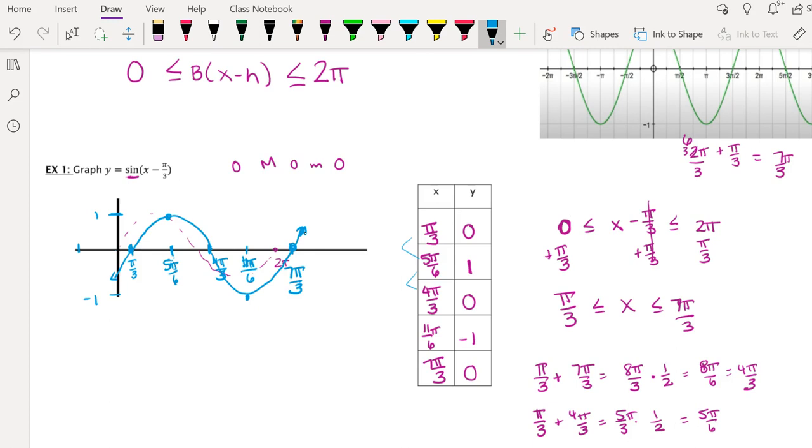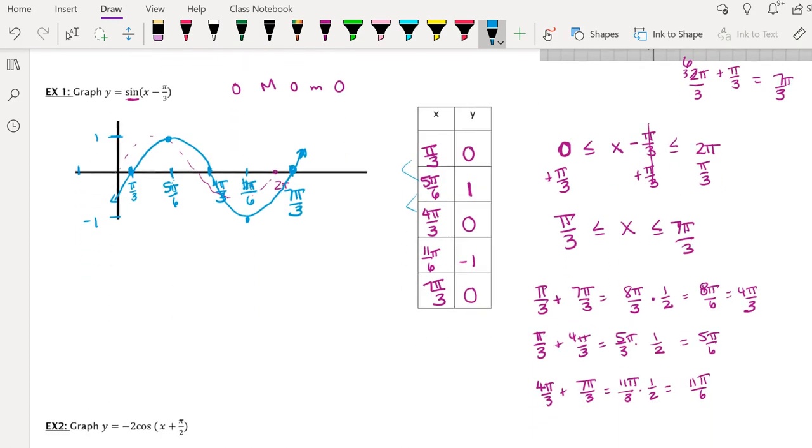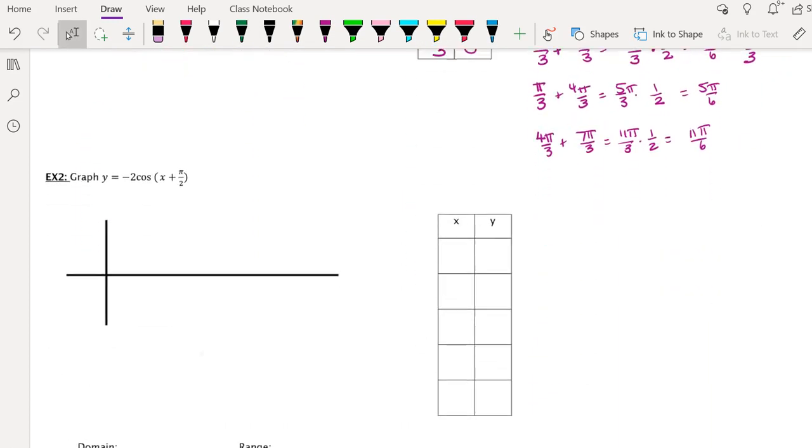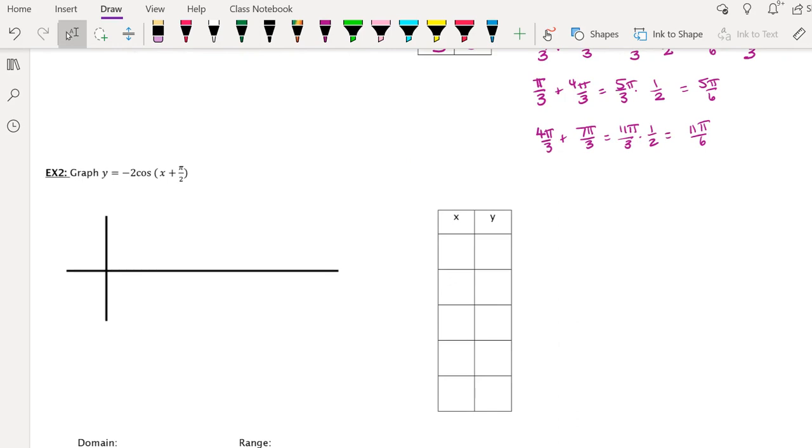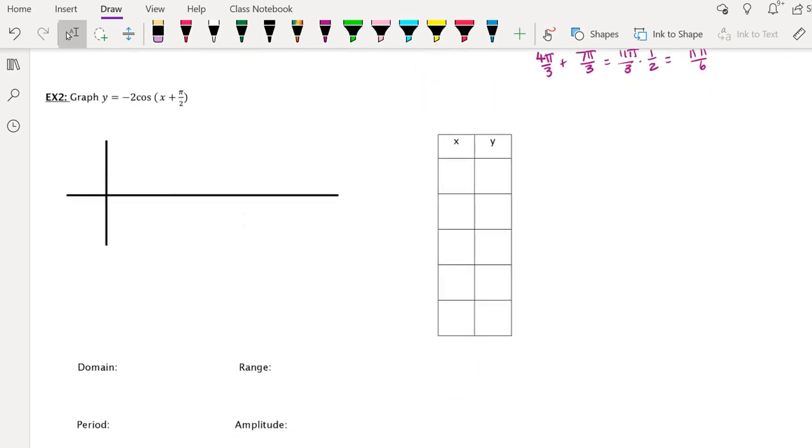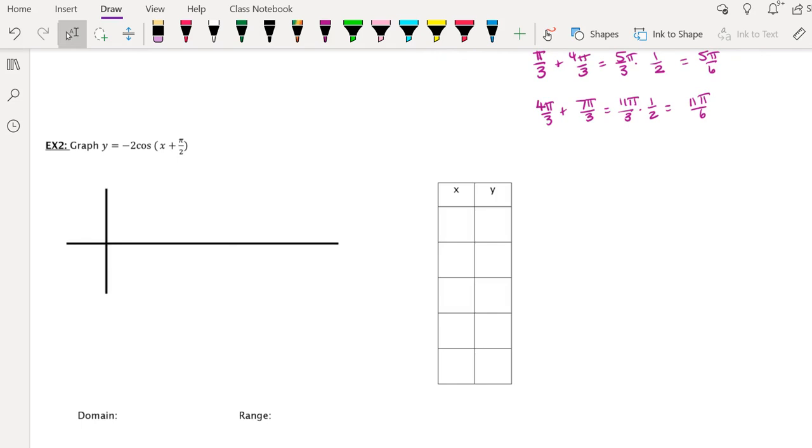The phase shift horizontally is the most complicated transformation of a periodic function, so it is sometimes a little bit challenging. All right, so let's take a look at this cosine graph. Remember again, we're going to take our x plus pi over 2, and I'm going to set that between 0 and 2 pi.